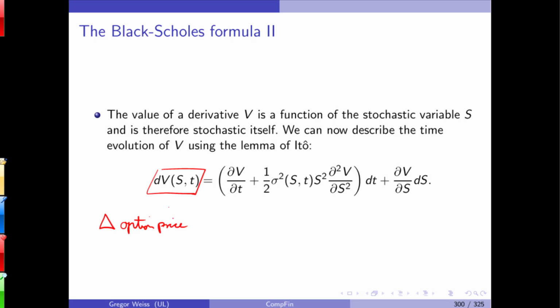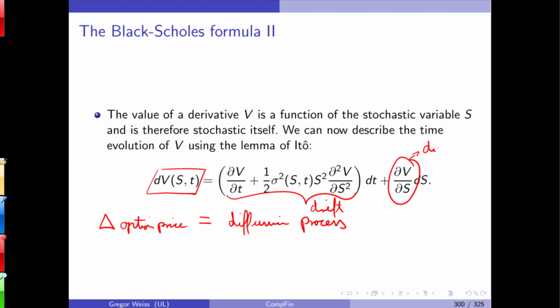Let's assume that's an option we are looking at. Could be any other derivative. The change in the option price is given by a diffusion process. And this is the drift, and this here is the diffusion.